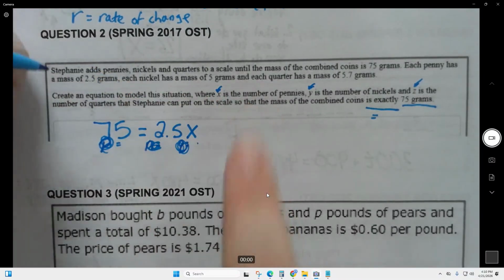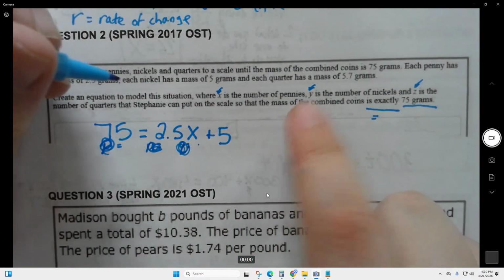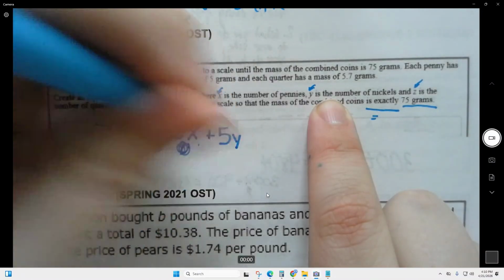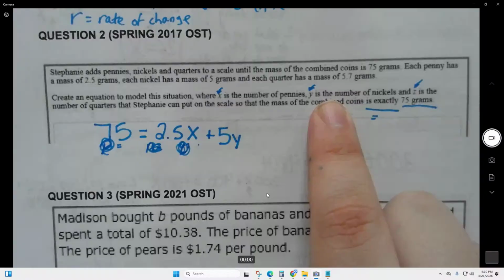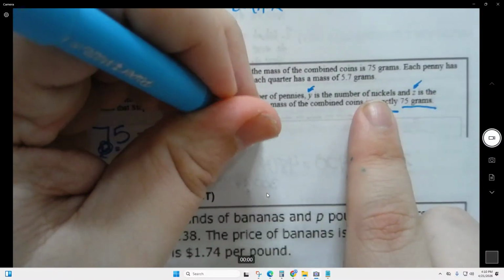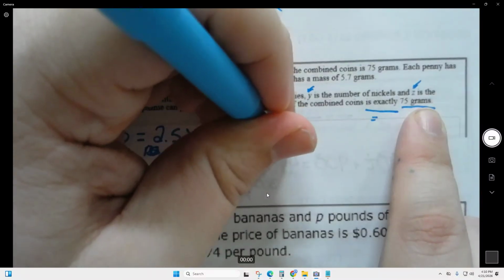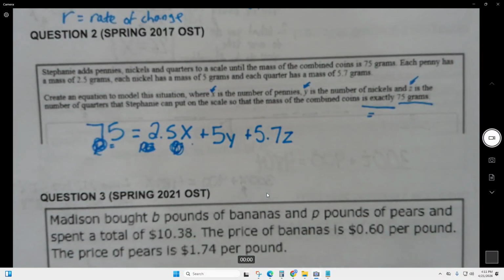Each nickel is 5 grams. So we'll say 5 times y, 5 times the number of nickels. And each quarter is 5.7 grams. And z is what we use for quarters.